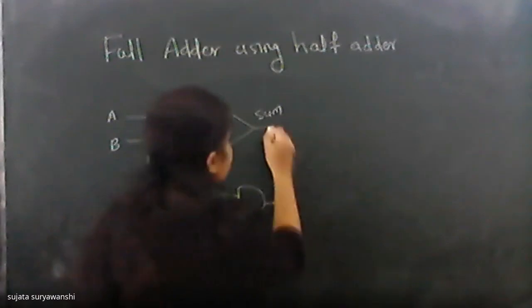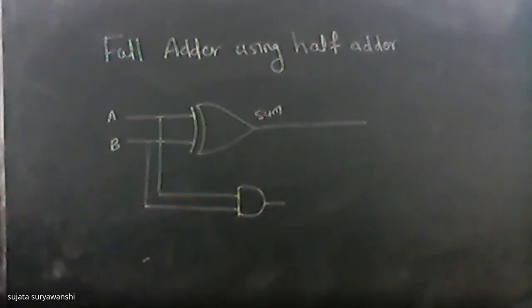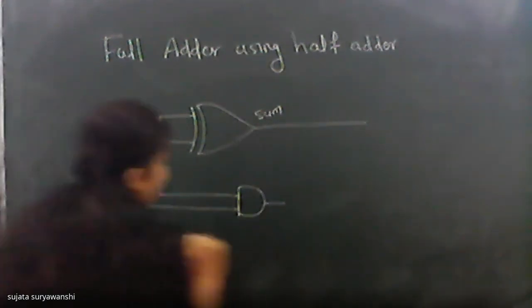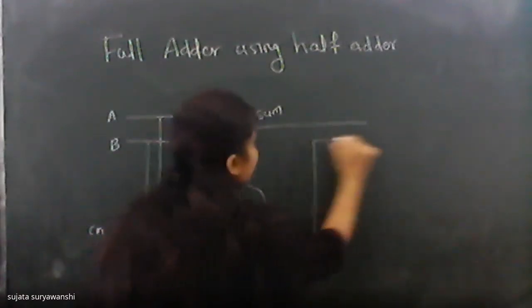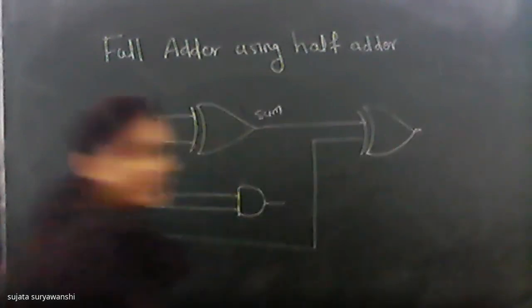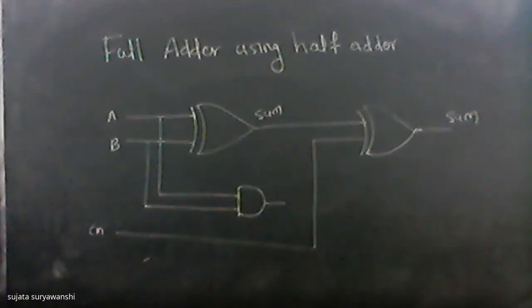Okay. Then sum is given as one of the inputs of the second half adder, and use Cin of the previous operation at the second XOR gate. Okay, and this is your final sum. But what about the carry?